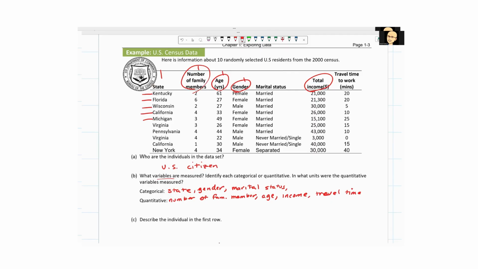Okay. Last one. Describe the individual in the first row. Well, what do we know about the individual in the first row? Let me highlight that. It's this person right here. And what do we know about the individual?